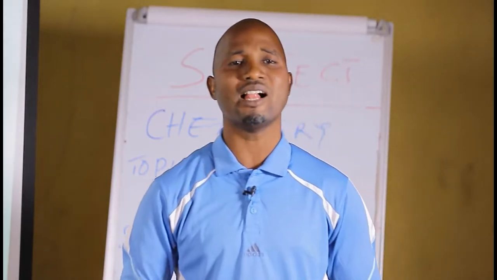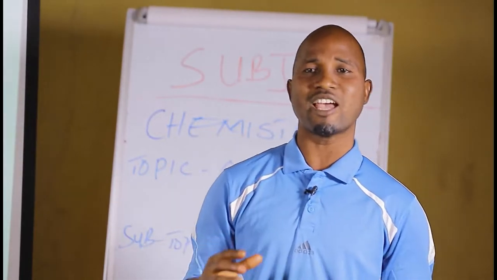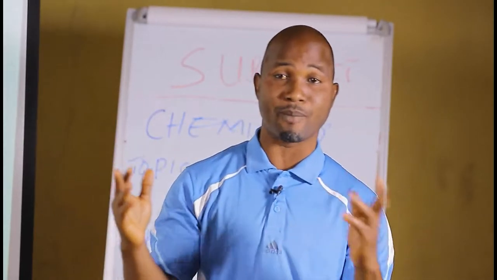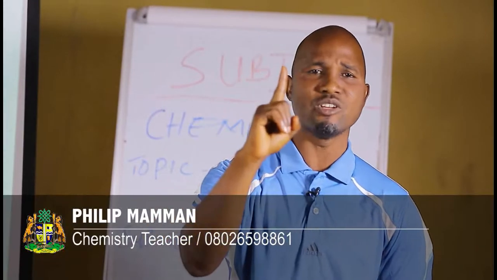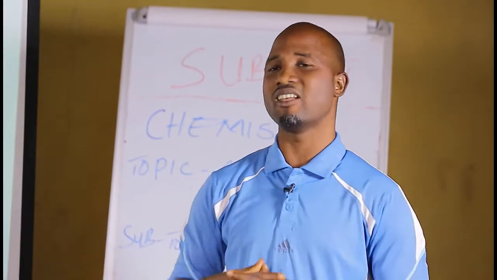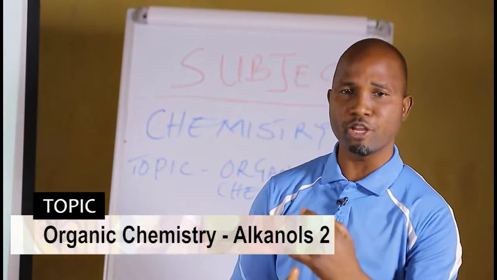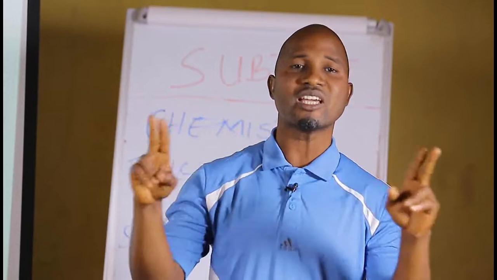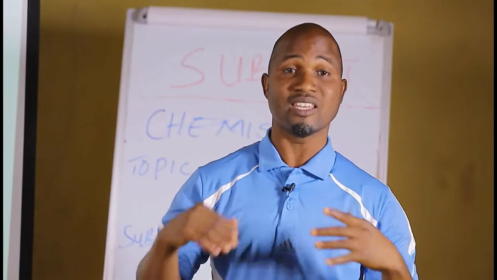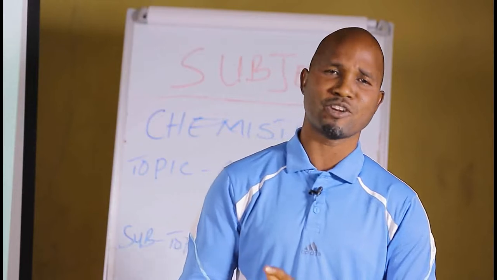But for a secondary alkanol, the carbon atom that is carrying the OH group is in turn attached to two alkyl groups, both front and back, or is attached to two carbon atoms and one hydrogen atom. And lastly, the tertiary alkanols have the carbon atom carrying the OH group attached to all three alkyl groups or three carbon atoms, or we say is attached to no hydrogen atoms at all. I'm sure I have refreshed your memory.